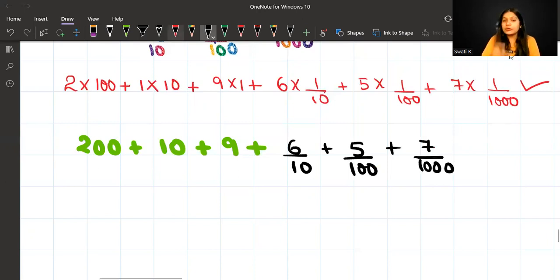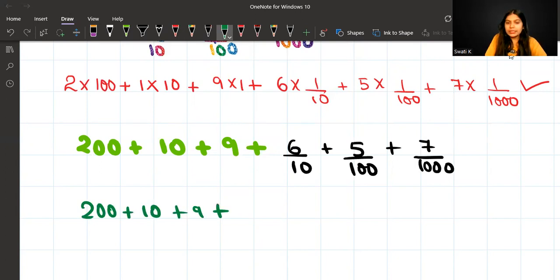Now, to convert this into decimal, it's very, very simple. Whenever we have a fraction with denominator 10, 100, 1,000, 10,000, 100,000, all these numbers, it's very simple to convert it into decimal form. First let me write this as it is: 200 plus 10 plus 9, plus. Here you simply write down the numerator and then count the number of zeros. We have only 1 zero, so from the right side count 1 and put a decimal. So it is 0.6. Next, write the numerator 5 as it is. Count the number of zeros, 1, 2.